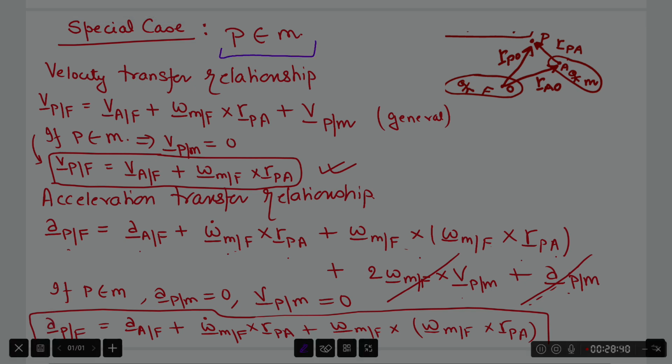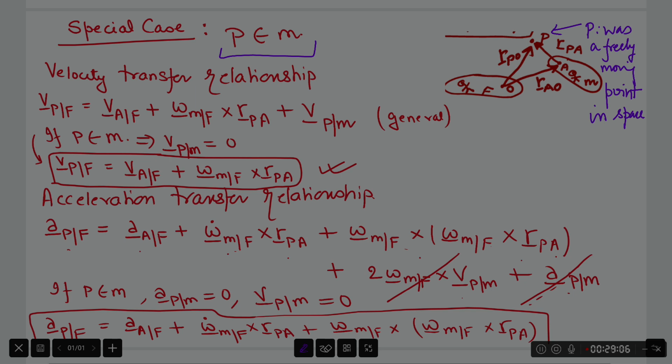Recall that when I derived the two relationships on the previous slide, I was saying that P was a freely moving point in space. It was a freely moving point in space. But now I consider a case when P is a point fixed in it.